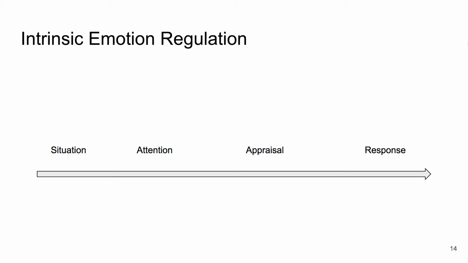If we think about a situation arising, that might help us think of where in the situation we can intervene and what strategies would be helpful during each of these different time periods.